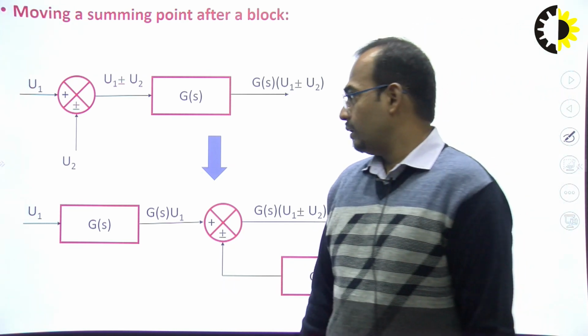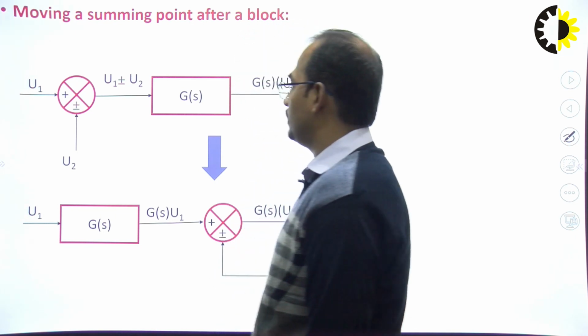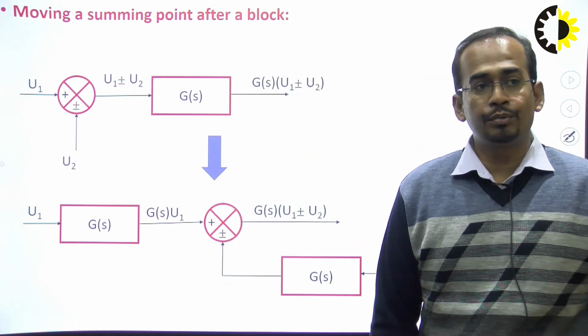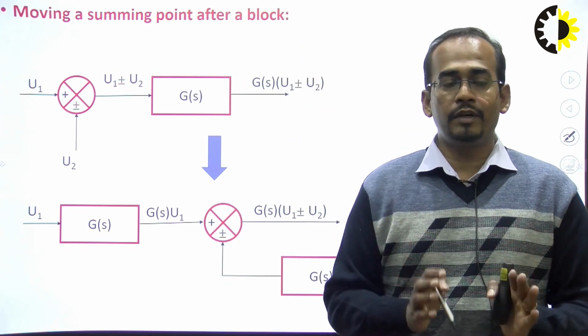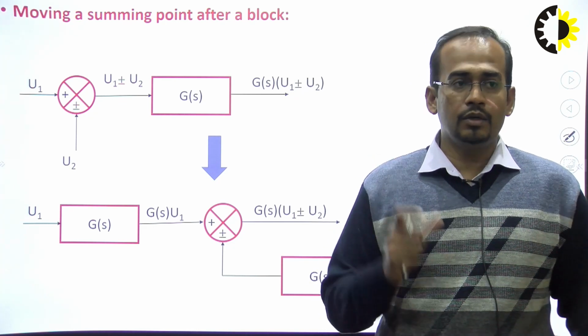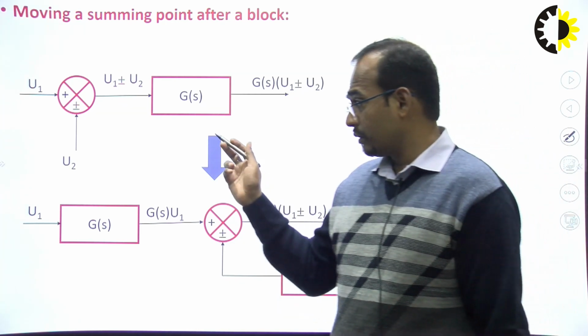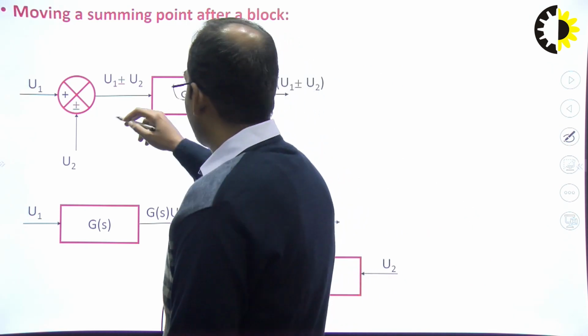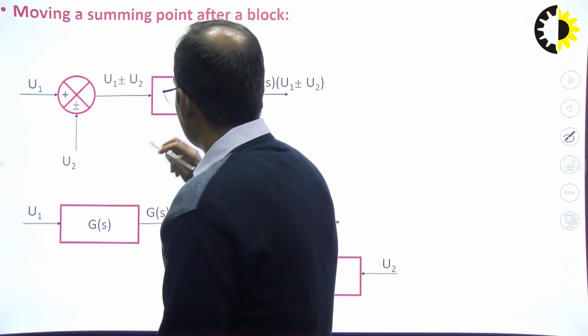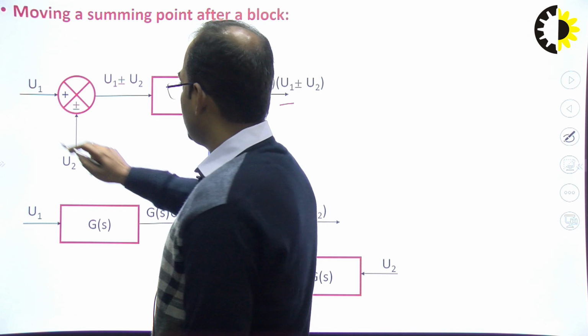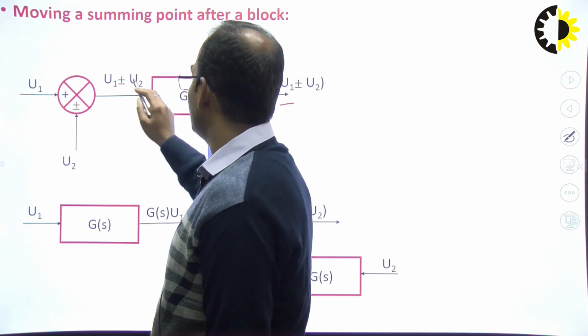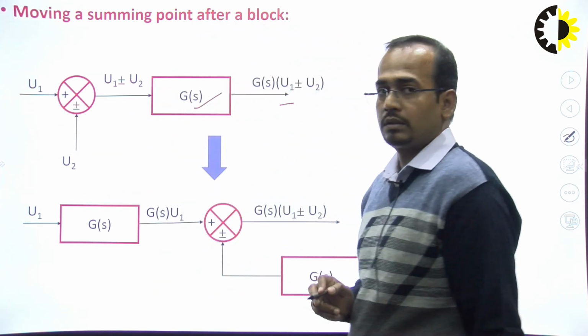So next is moving a summing point after the block. I have already told you that the condition is that the output cannot change after performing any operation. Before moving the summing point after the block, the output is U1 plus minus U2 multiplied by GS.